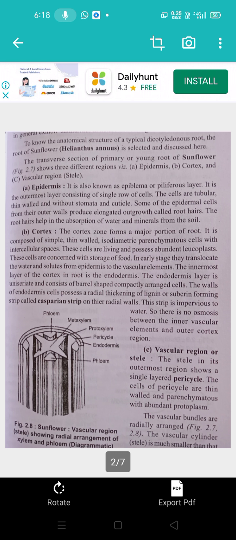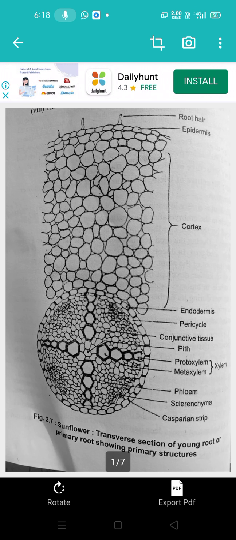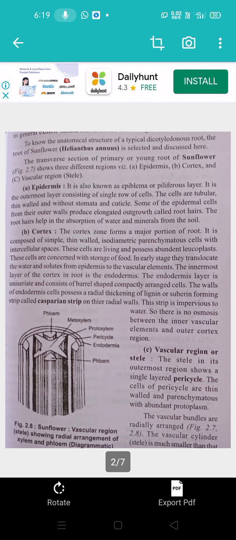These root hairs help in the absorption of water and minerals from the soil. This epidermis is single layered, not multi-layered. Then below this epidermis, a broad region develops called the cortex.